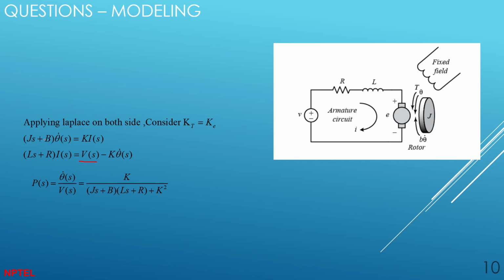Applying Laplace, what they have done is apply Laplace on both equations. The first is the mechanical equation, the second is the electrical equation. After that they take theta dot as theta dot s and put it here.